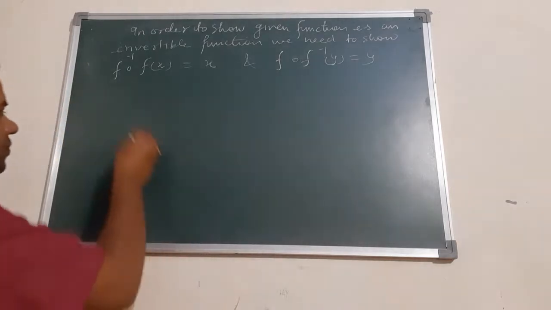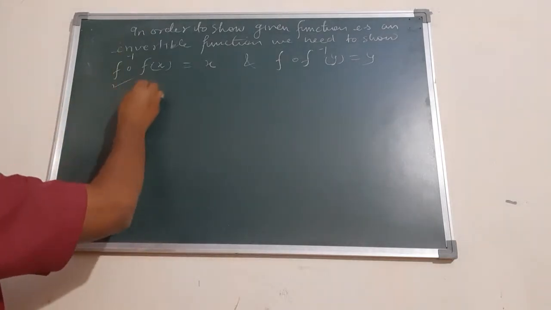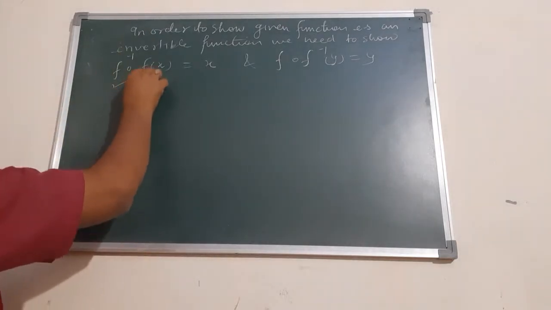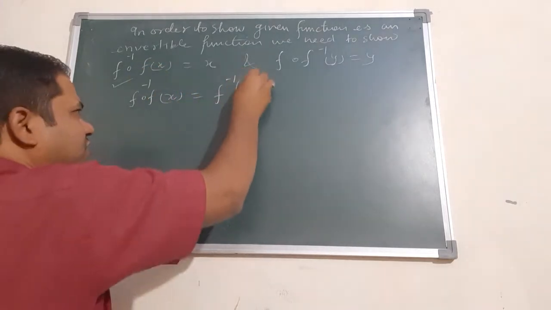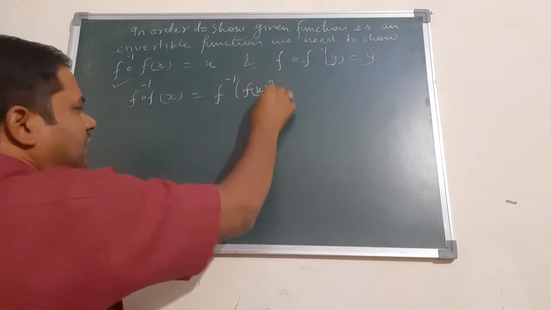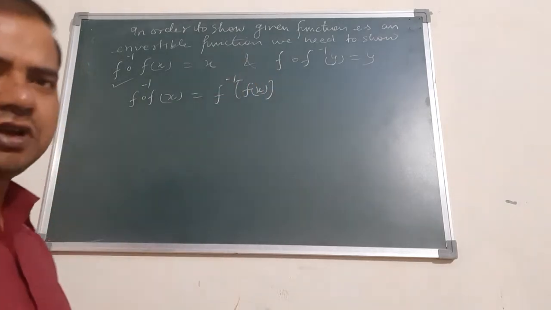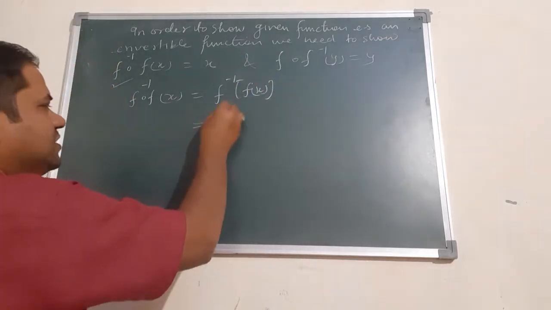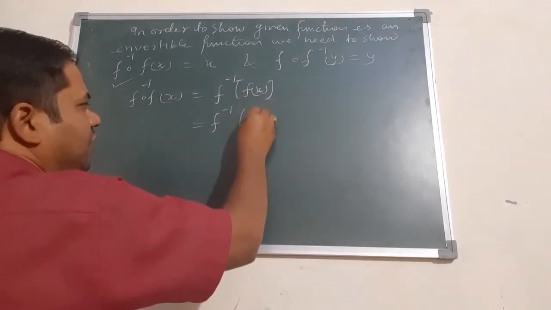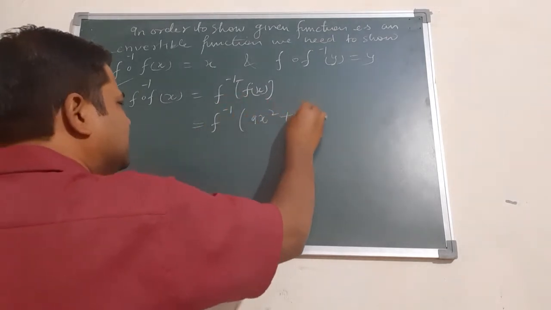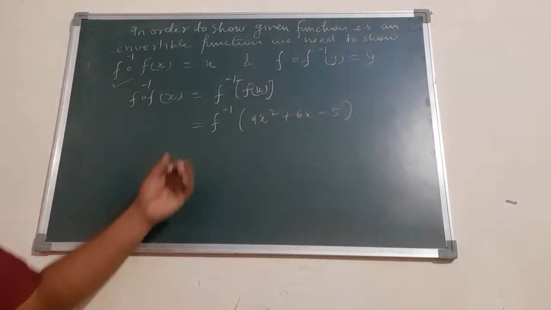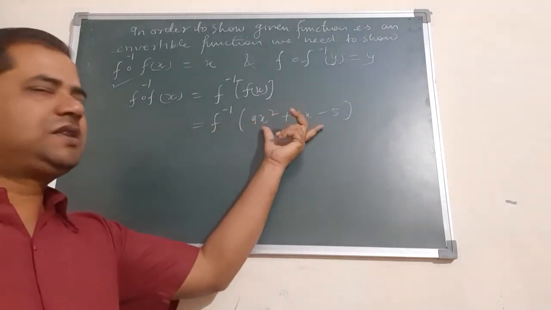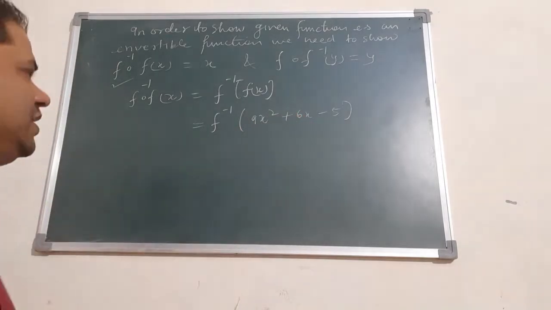So first we have to show f composition of f inverse of x, that means f of f inverse of x, according to the definition of composition of function. And f(x), you know very well, is 9x square plus 6x minus 5, and f inverse of y is supposed to be y, then f inverse of y is what?